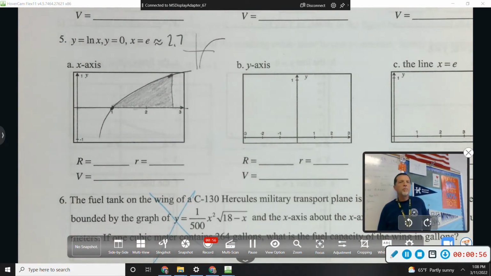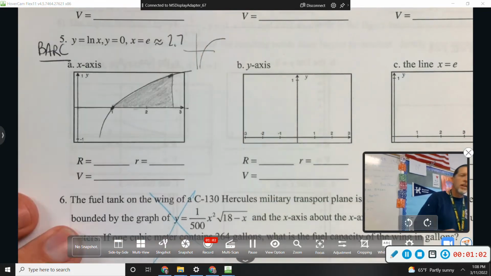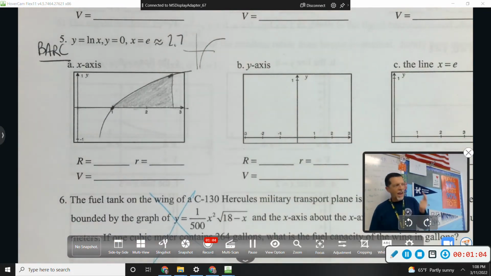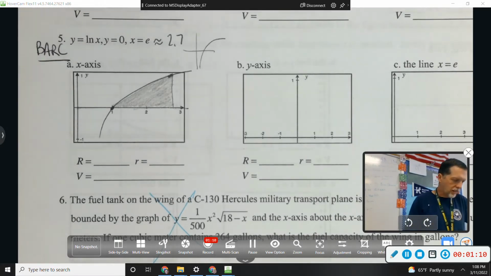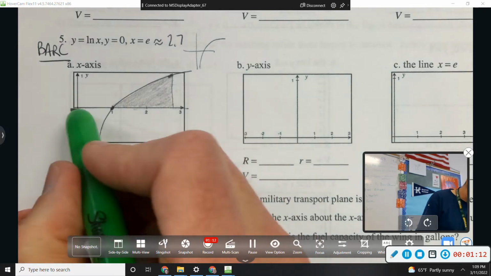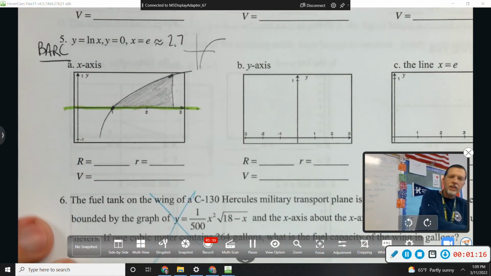So there's our base area. Base, axis, reflect, and draw the circles. So the axis is the x-axis. Probably our favorite axis to rotate around.